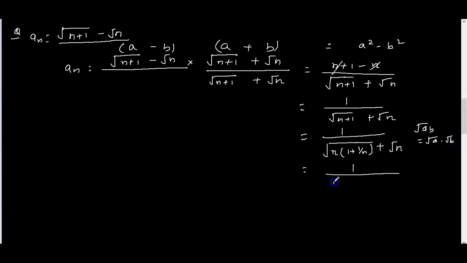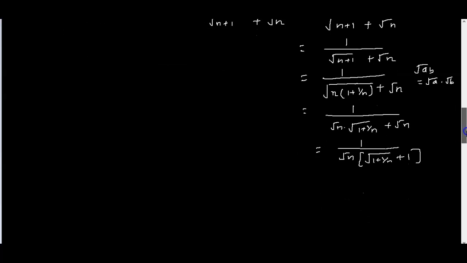So root over n into root over 1 plus 1 by n, plus root n. And also I can write 1 upon root n common here, so the square root of 1 plus 1 by n, plus 1.